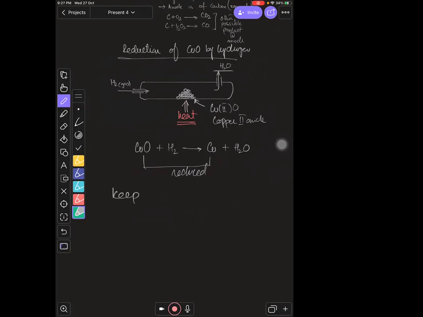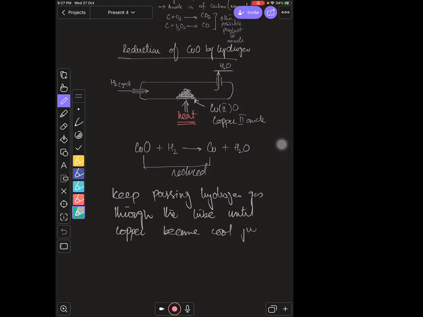I just need to write: keep passing hydrogen gas through the tube until copper becomes cool, just to avoid reaction of hot copper with air, right?